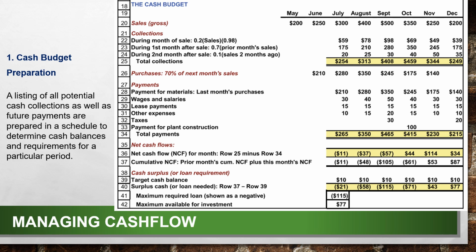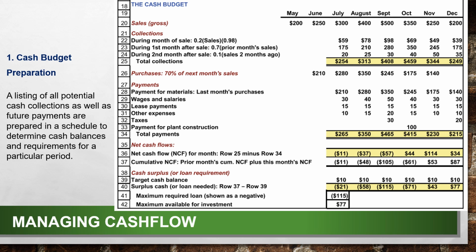That's why we need to do a cash budget, so that if we can see that on a particular month there's a cash deficit, we need to plan in advance how to replenish or make do of the deficit. So we can plan in advance where we can get the funds on that particular month.